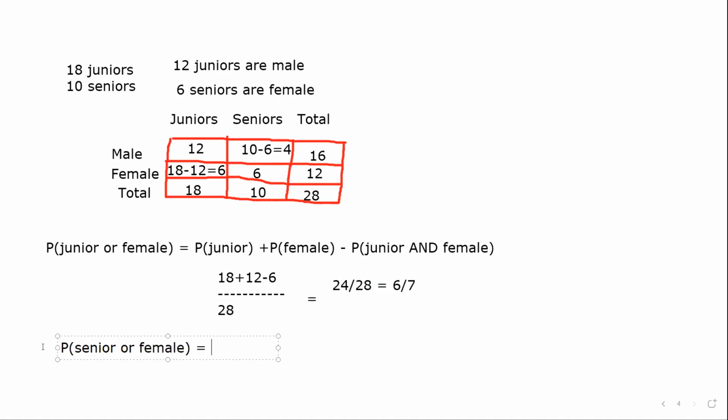It's going to be the probability of senior, plus the probability of female, minus the probability of senior and female.